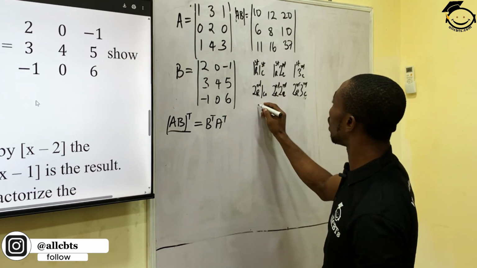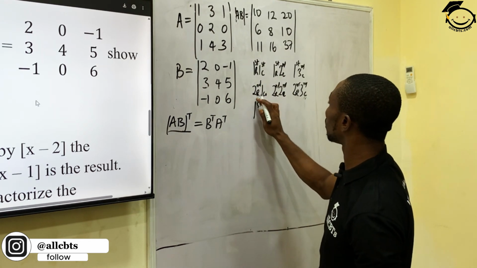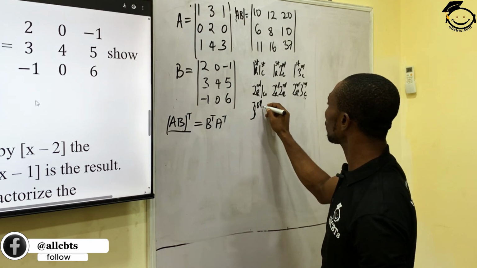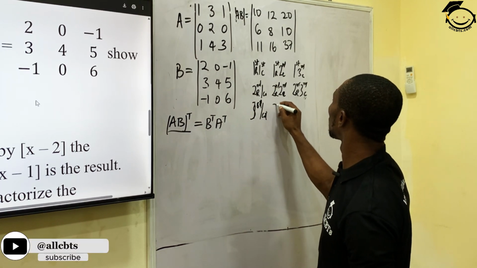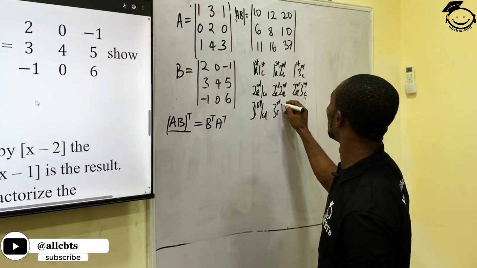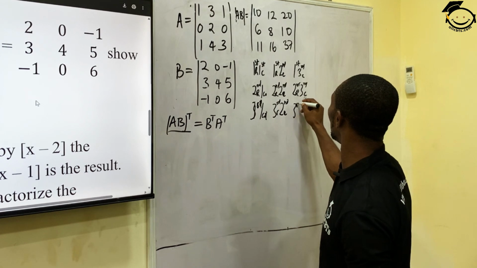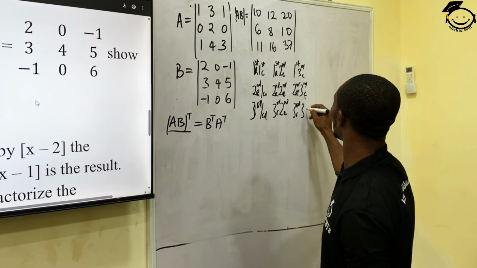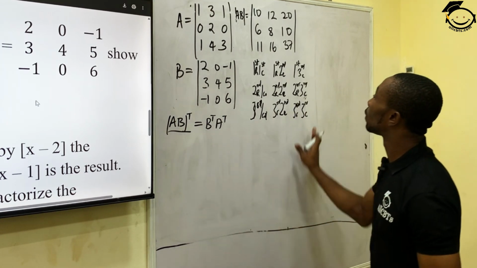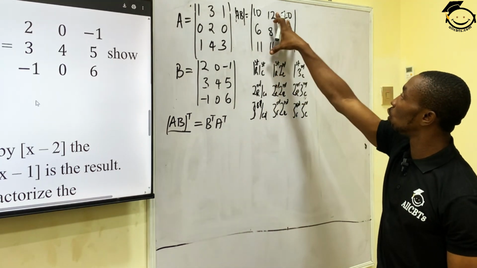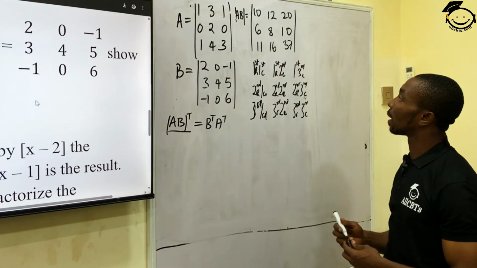Now the third one will become your third row, first column, third row, second column, and third row, third column. Now when you have this, it will result in something. Your result should be something like this.